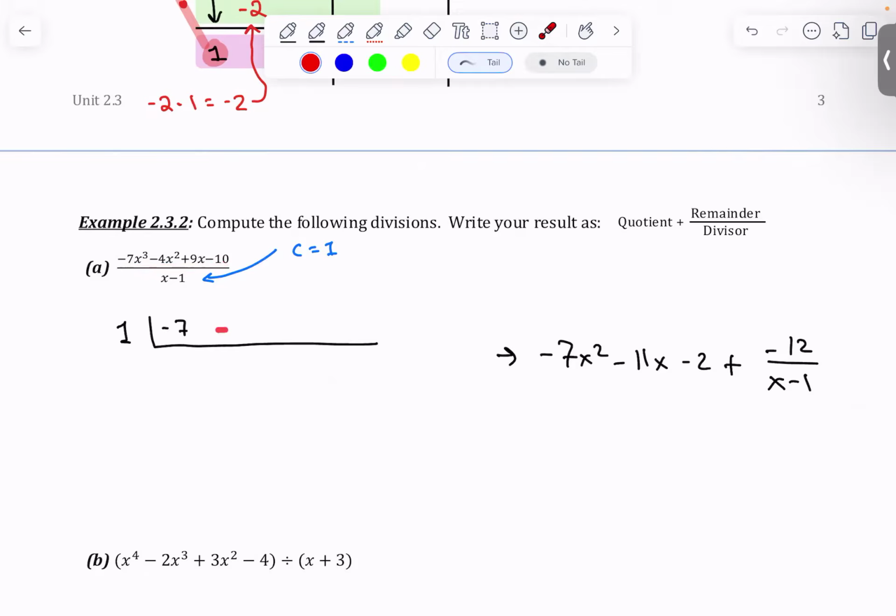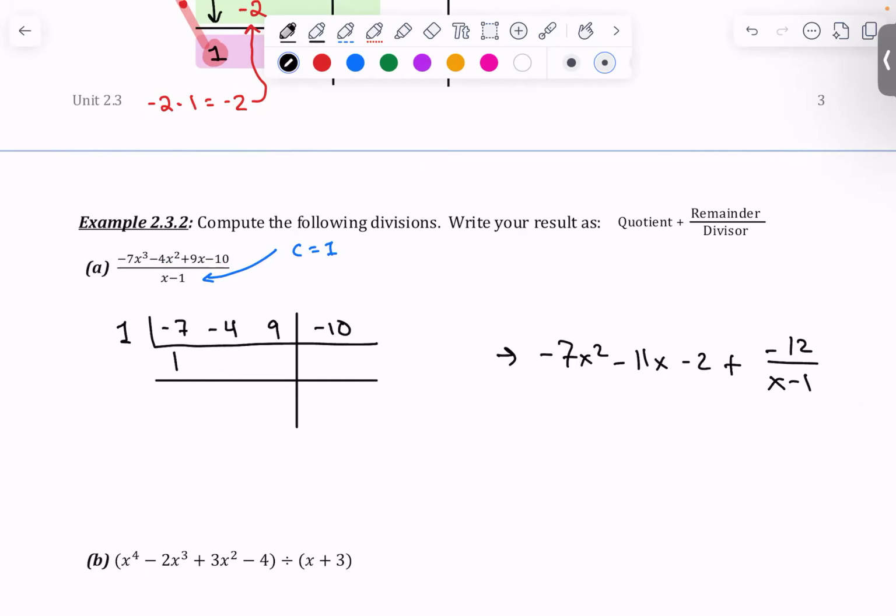So negative 7, negative 4, positive 9, and negative 10, and a bar right before the constant term. You always bring down the first term, so that's negative 7. Then we do 1 times negative 7, that's negative 7. Negative 4 plus negative 7 is negative 11.